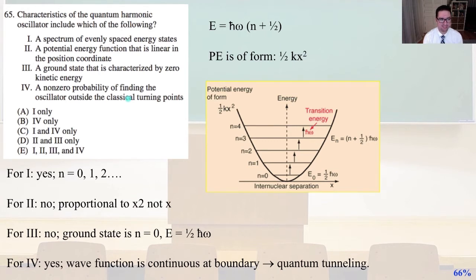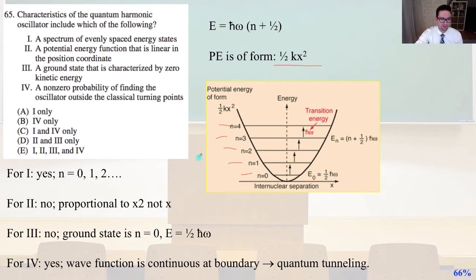So for 1, yes, n equals 0, 1, 2, so evenly spaced, and we can see over on this diagram provided by HyperPhysics, thank you. So evenly spaced. For number 2, no, it's proportional to x squared, not proportional to x.